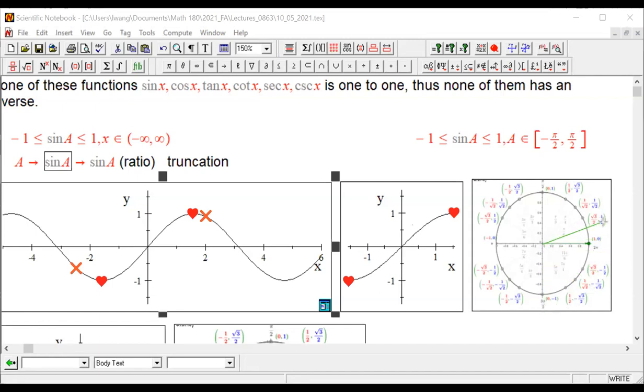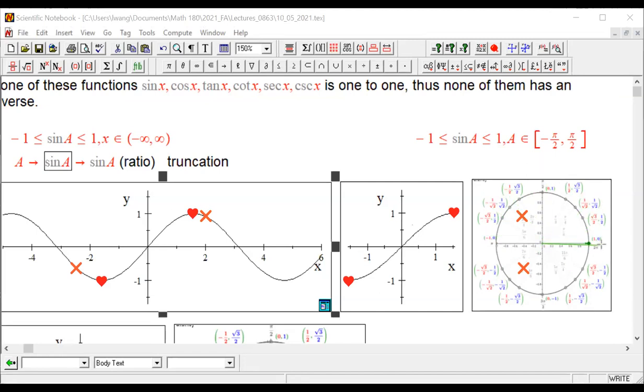What does that tell us? Quadrant 2 and quadrant 3 are out of the picture. You follow me? Quadrant 2 and quadrant 3 are gone. Do you guys follow me? That's the consequence of this truncation as well. Now, before, when we measure angles, we can go around and round, right?